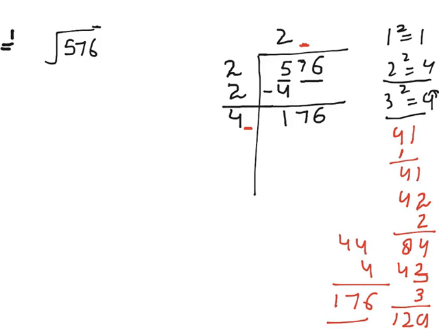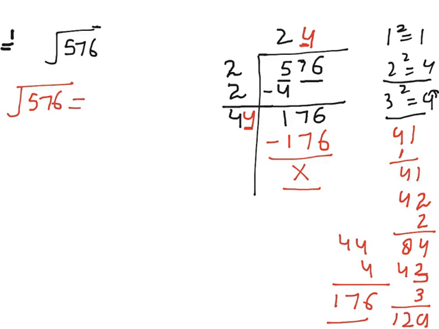So if we copy 4 over here and 4 over here, 44 times 4 will give us 176, and the remainder will be 0 in that case. So the square root of 576 will be 24. The digit that we get at the top is the square root of the given number. So 24 is the square root of 576.